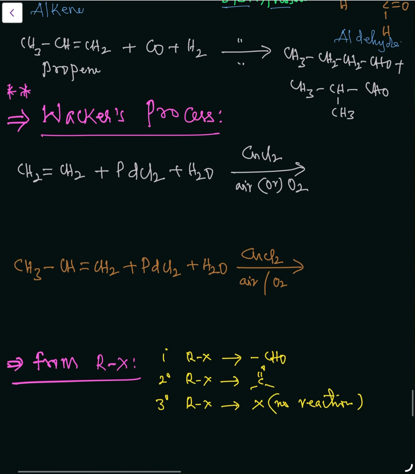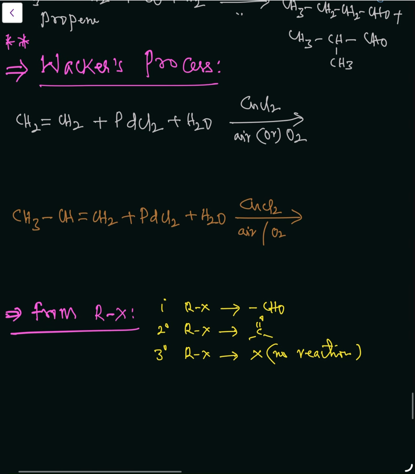Next, Wacker's process. In Wacker's process, alkenes. So here I have taken ethene, which reacts with palladium dichloride with water in the presence of CuCl2. The compound formed is an aldehyde, that is CH3 CHO, acetaldehyde, plus palladium.